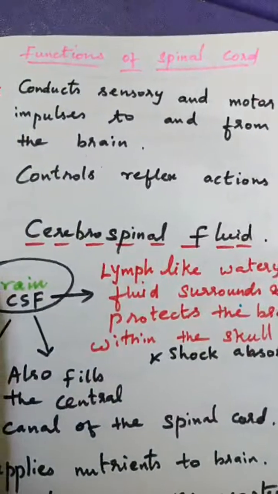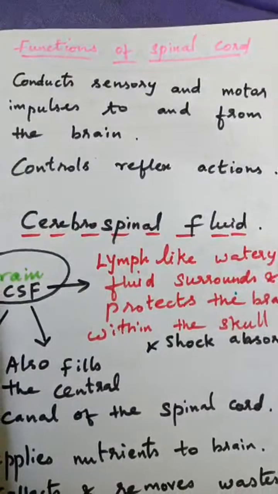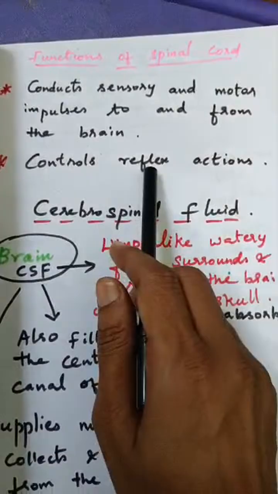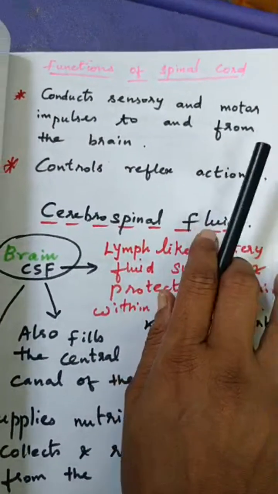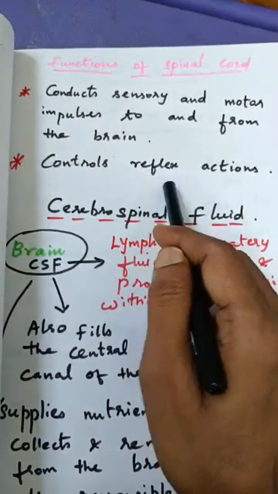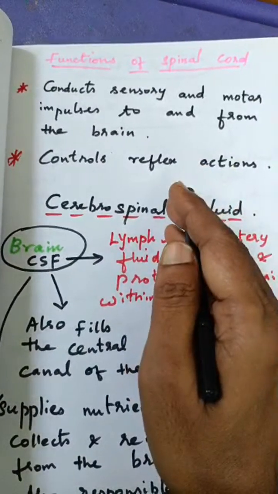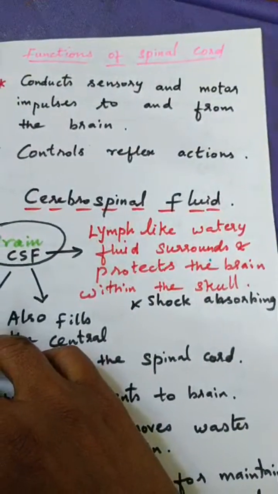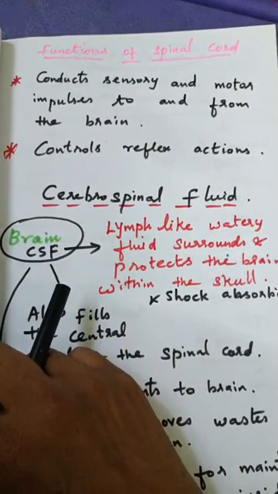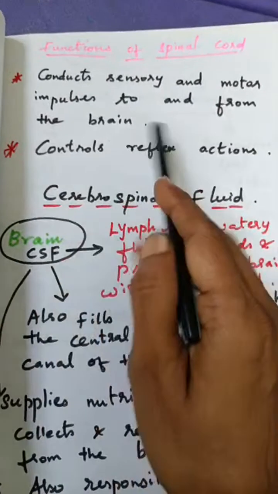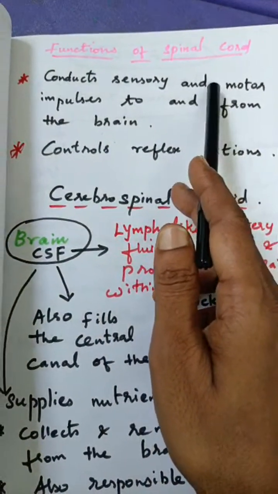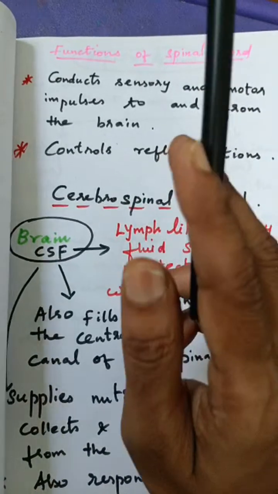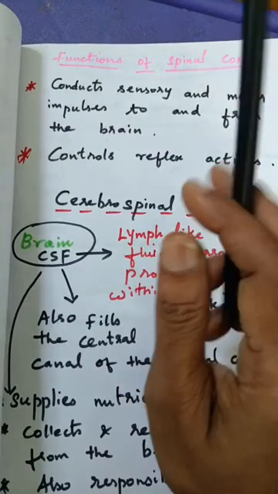So, what is the function of the spinal cord? It conducts the sensory and motor nerve impulses to and from the brain, and it controls the reflex action. What do you mean by reflex action? I told you, whenever you come across a sudden stimulus that your body feels, the spinal cord is the main part which will react accordingly to that sudden immediate stimulus.